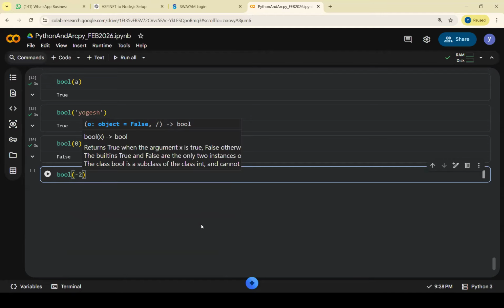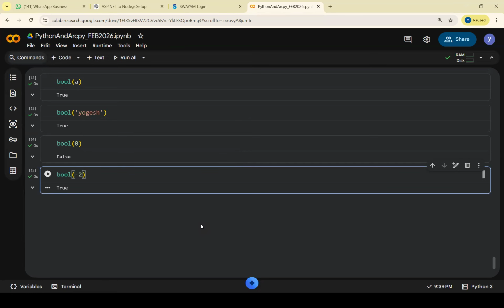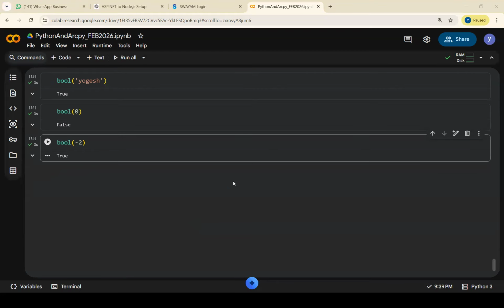Rule is rule. If you convert anything to the boolean, the answer will always be true except 0. Only 0 is the number which gives false when converted to the boolean. Other than 0, any number, any text, any string, anything, will give you the answer true.